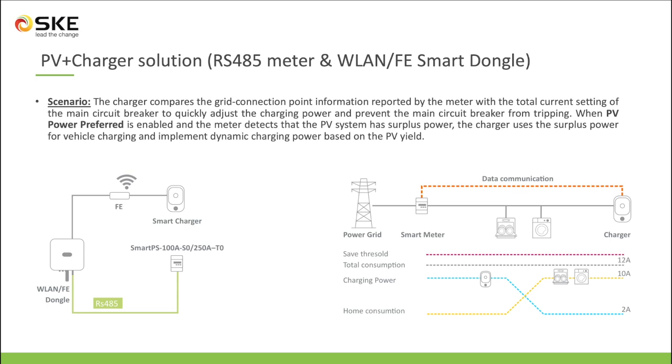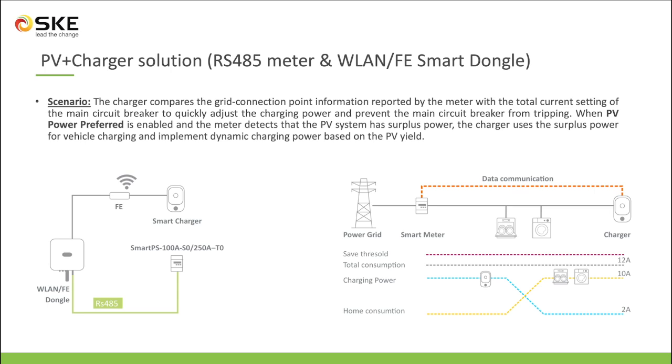Now, at the bottom of this slide, we can check how the communication and the networking is performed. First, using the smart power sensor to the inverter, then the smart dongle to the router, and then a fast Ethernet cable to the EV charger.